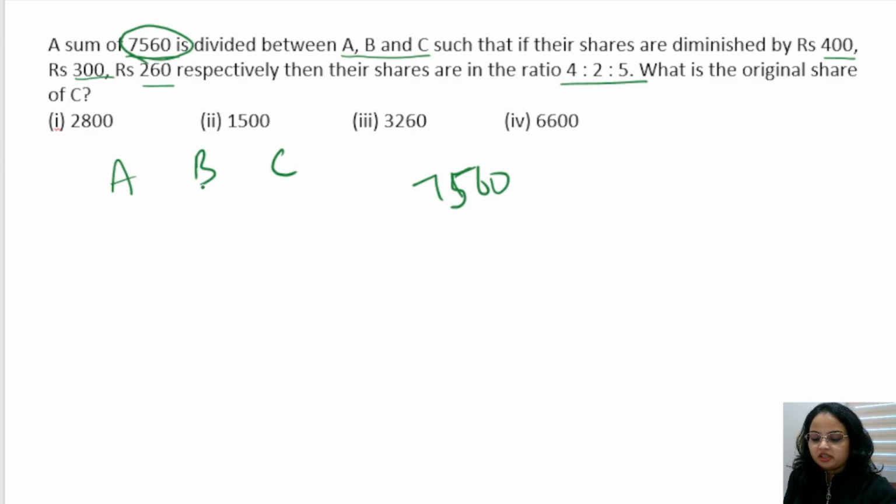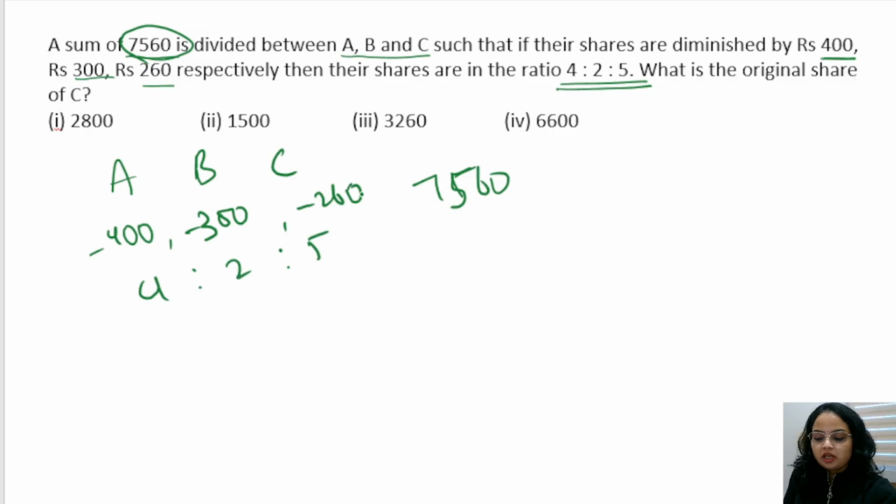This amount 7560 has been divided between A, B and C. So whatever share they have got, if they are reduced by 400, 300 and 260, then the shares will be in the ratio 4:2:5.